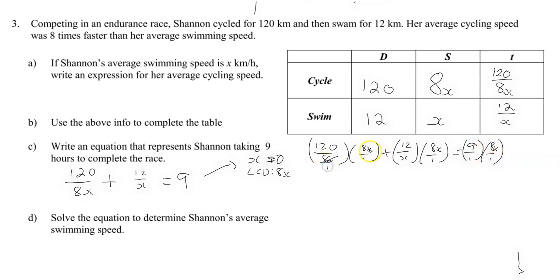So 8x, 8x. The x just takes out the x. So I've got a 1, a 1, all ones. Okay, so we're good. So this is 120 plus, okay, and the x is gone there, so that looks like 96 is equal to 72x.